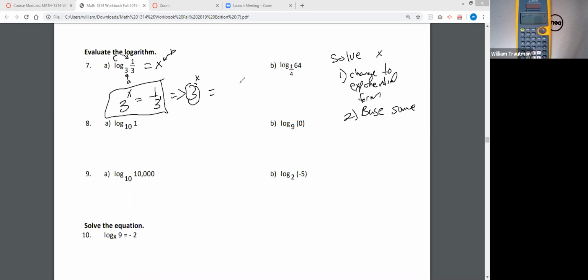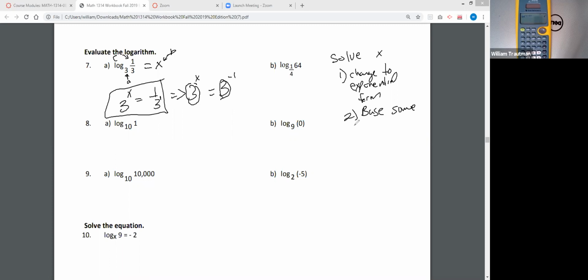If I bring it to the top, it's now 3 with a power of -1. If 3 to the 1 power is 3, and you bring it to the top so the bases are both 3, then when you flip it, you have to change the sign so it's now a negative power of 1.